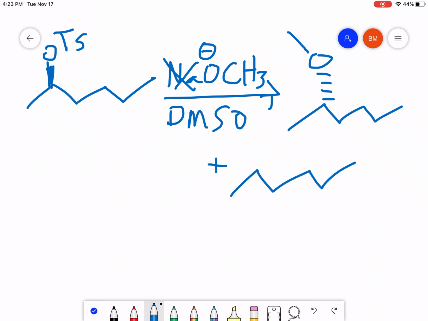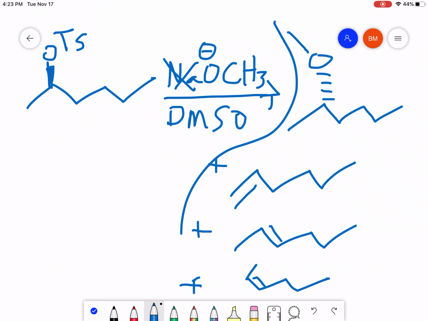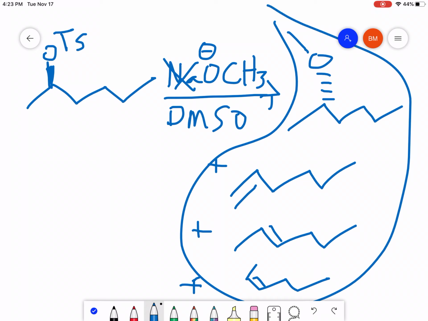So just like before, look for the beta hydrogens, and be sure to look for any stereoisomers that you can draw. So this one will give you 4 different products.